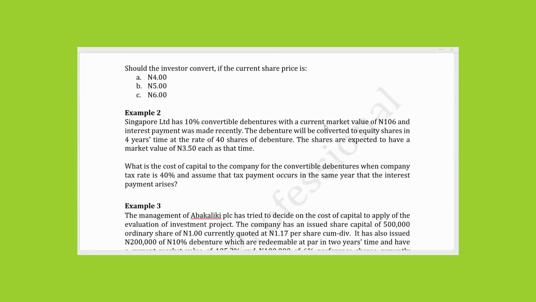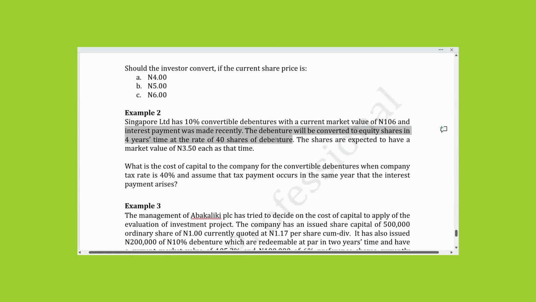Singapore Limited has 10% convertible debentures with a current market value of 106 naira. An interest payment was made recently. The debenture will be converted to equity shares in 4 years' time at the rate of 40 shares per debenture.